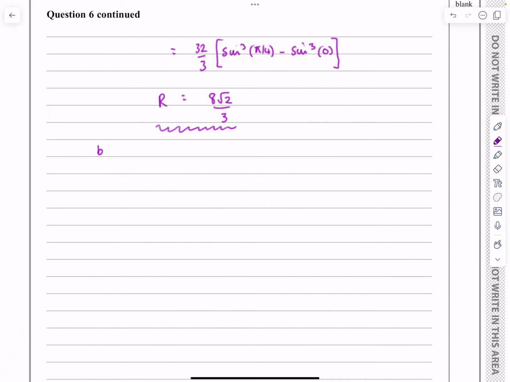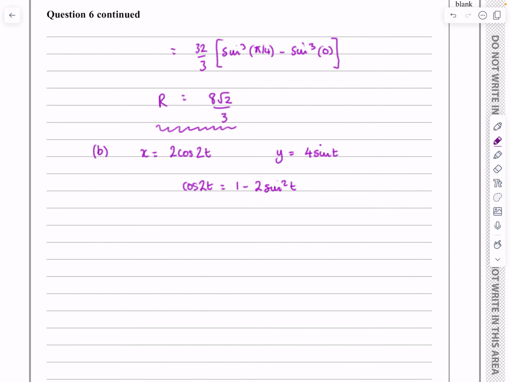So for B, I've got that x is equal to 2 cos 2t, and I had previously that y is equal to 4 sine t, and now what I want is an identity that connects cos 2t and sine t, and hopefully you remember that from when we were doing our work. Cos 2t is equal to 1 minus 2 sine squared t.